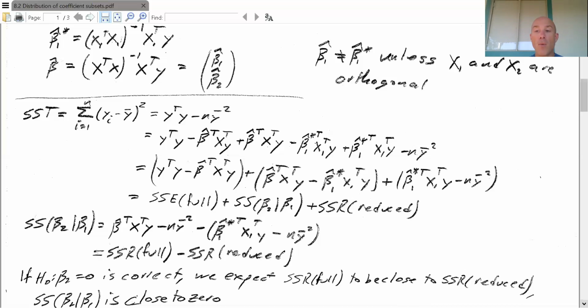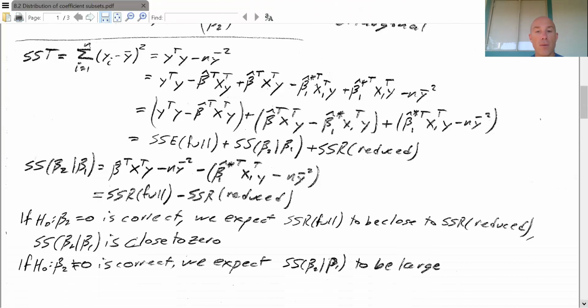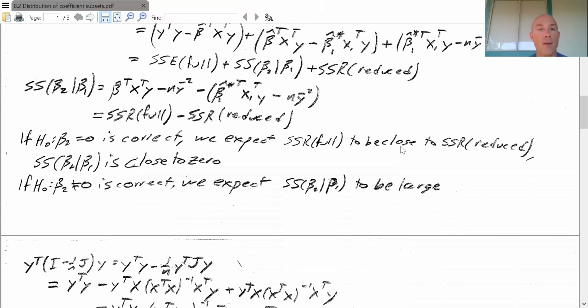All right, so basically we're saying that adding the additional predictor variables does not improve the model by much. That's really what this is saying. If beta 2 is actually equal to the 0 vector, then my sum of squares regression full is not going to be much bigger than sum of squares regression reduced.